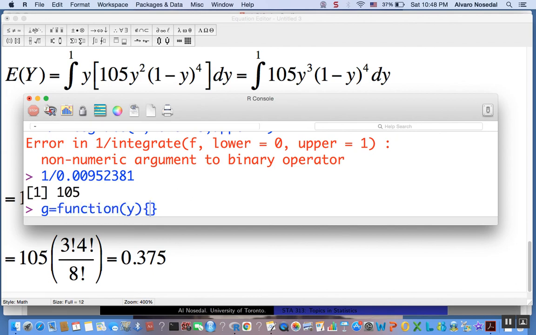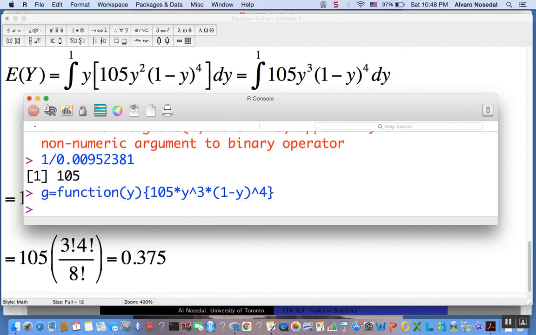The argument is going to be y, open and close curly brackets, then 105 times y cubed times 1 minus y to the fourth power. Okay.